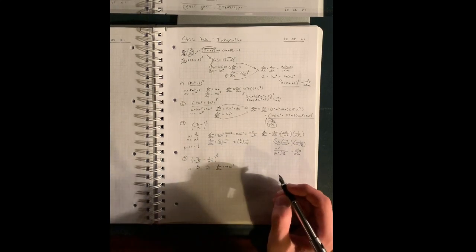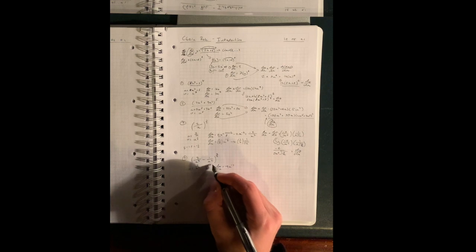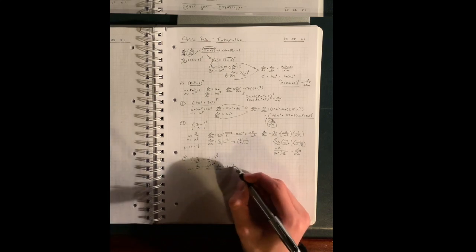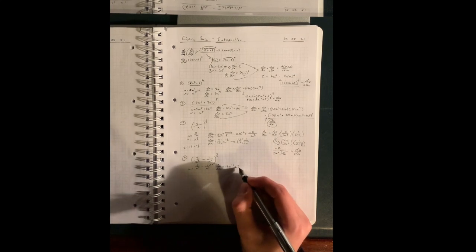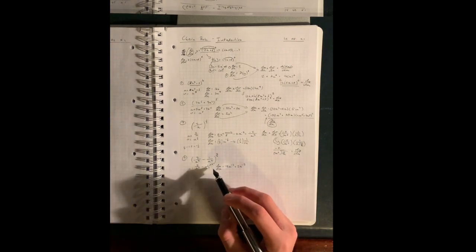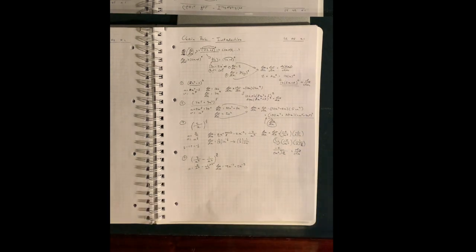And then the second term here, remember this is a minus sign, and this is technically x to the negative 2. So minus 2 times minus 1 is just going to be 2. So plus 2x to the minus 3, because remember, negative 2 minus 1 is minus 3. That's going to be your du/dx.